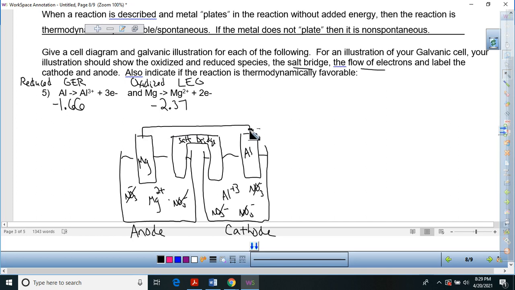And then connecting the two half cells, we're going to have our voltmeter. And the flow of electrons is from the anode side to the cathode side. So the magnesium is being oxidized, so it's losing electrons. And the aluminum is gaining electrons.